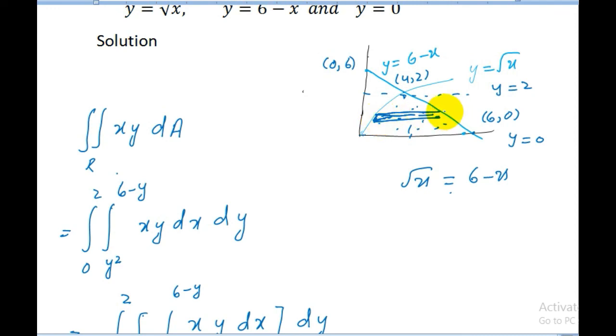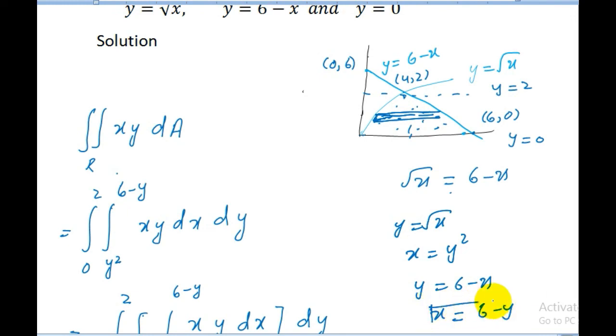On this strip y equal to under the root x means x is equal to y square, and in the second equation y equal to 6 minus x, we have x equal to 6 minus y.